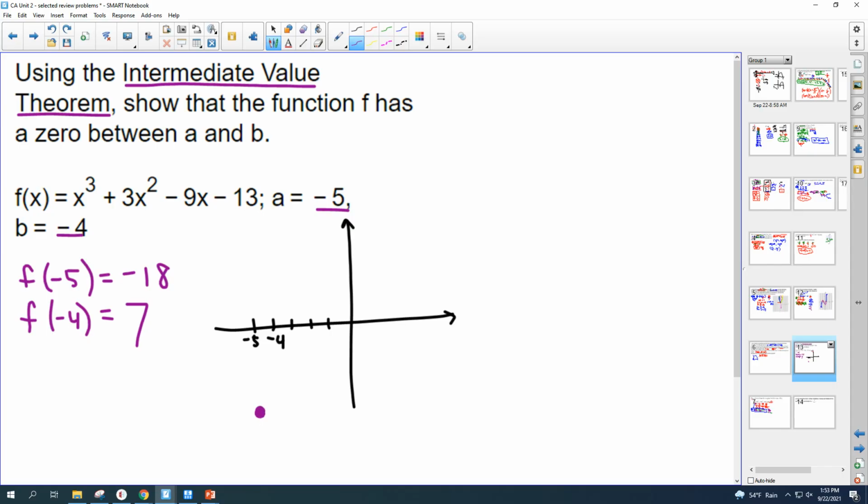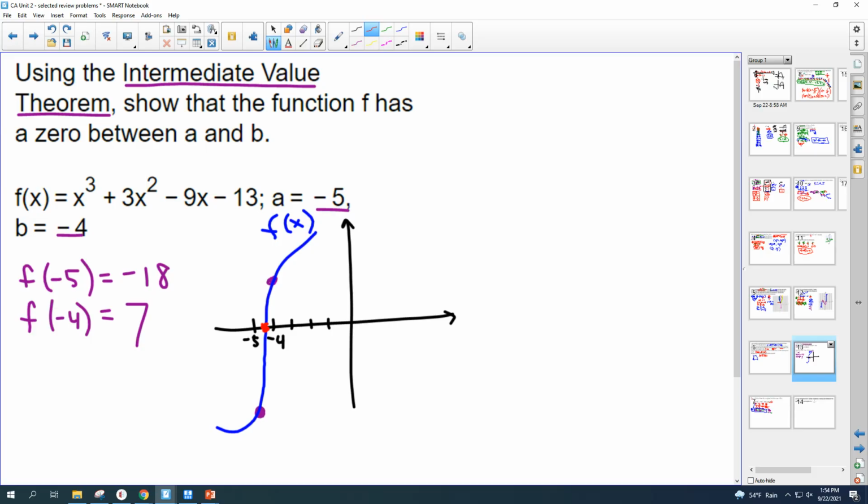When I plug in -4, I'm going to get +7, which is up here somewhere. So when you think about this function, whatever the function is, whatever it does, it's going to have to connect those two dots right there. I don't know what the function is. I don't know what it does, but I know it connects those two dots. And so the intermediate value theorem just basically says if you connect those two dots, there must be a 0.